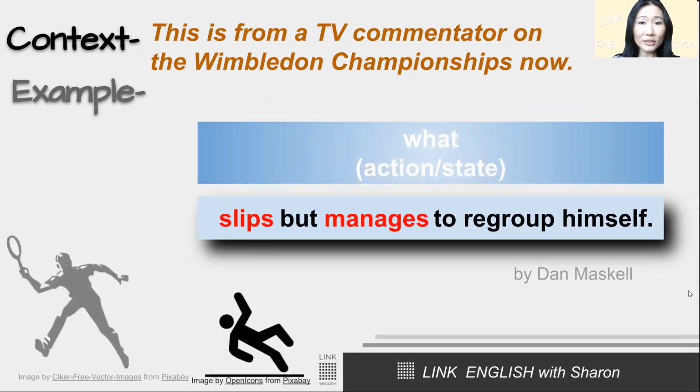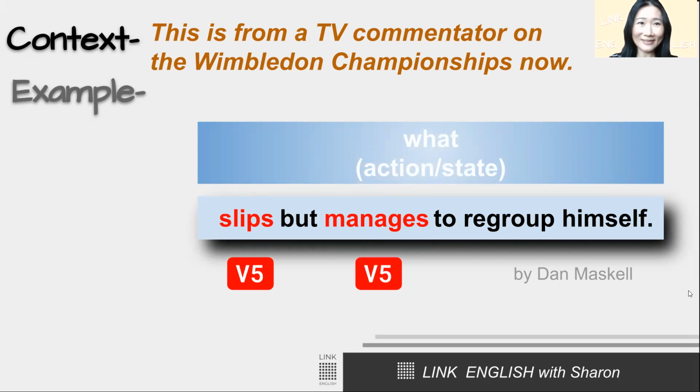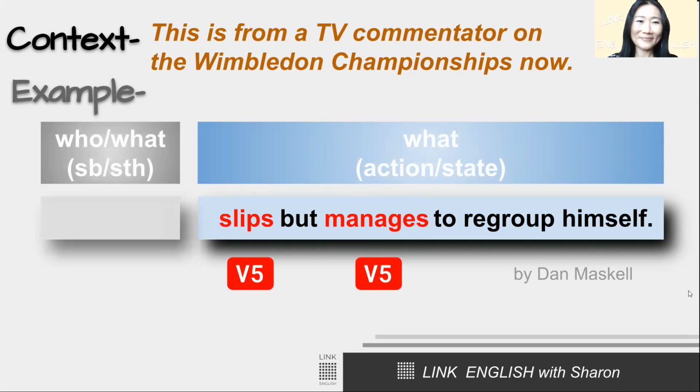Slips but manages to regroup himself. You can see in this running commentary, the commentator uses V5 verbs, slips and manages. Who? He must be a tennis player, maybe Federer or Djokovic. I admire Federer.